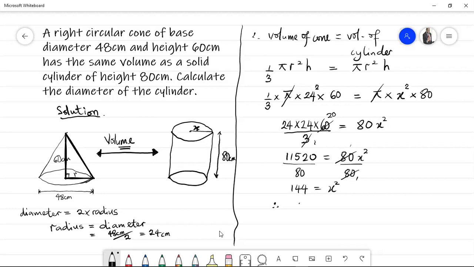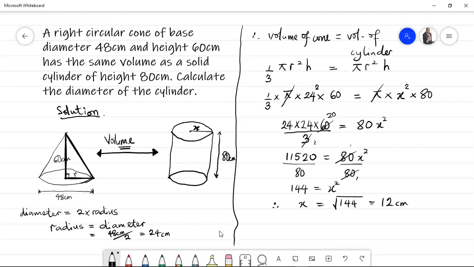Therefore, x will be equal to the square root of 144, and you find that it is equal to 12 centimeters. But guys, the question asks that we should calculate the diameter of the cylinder, not the radius. We have only calculated the radius. So take note that this answer here is the radius of the cylinder.